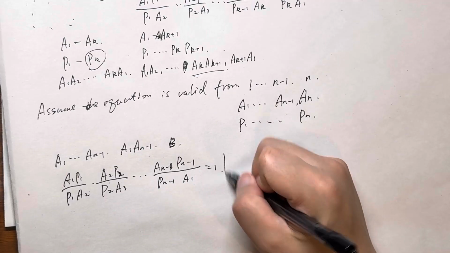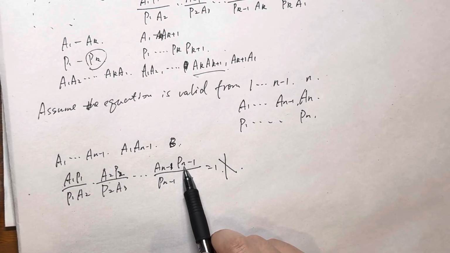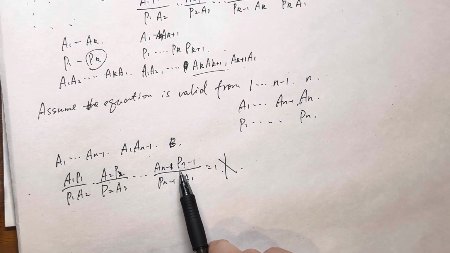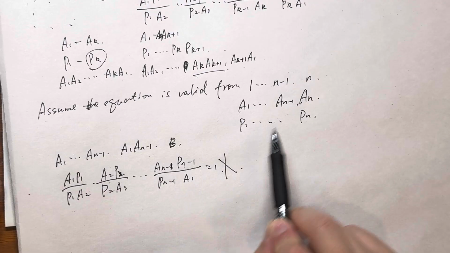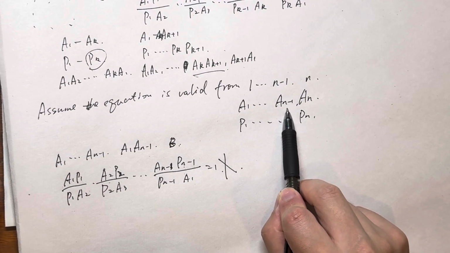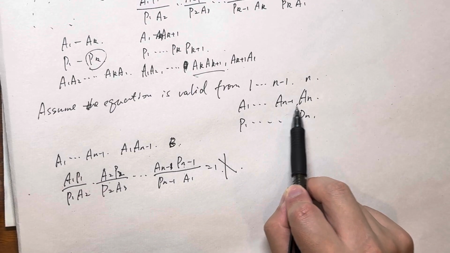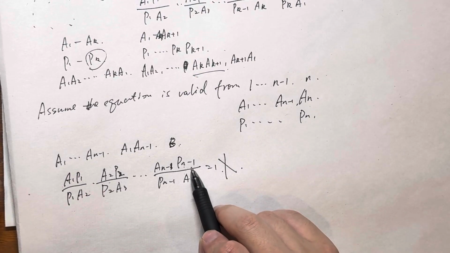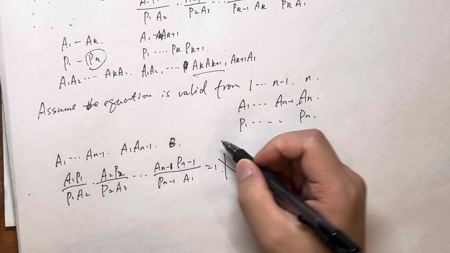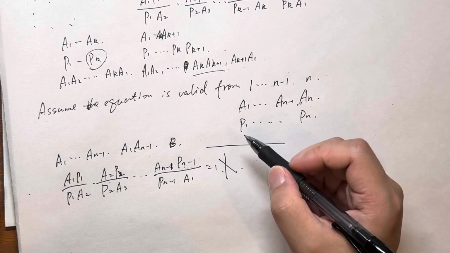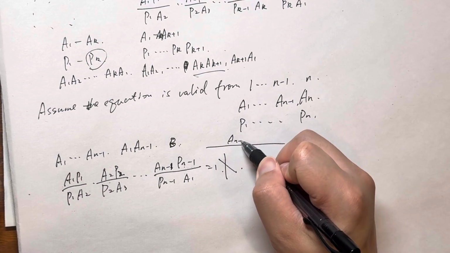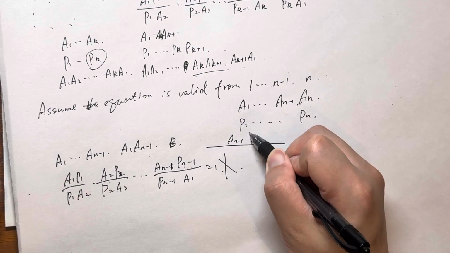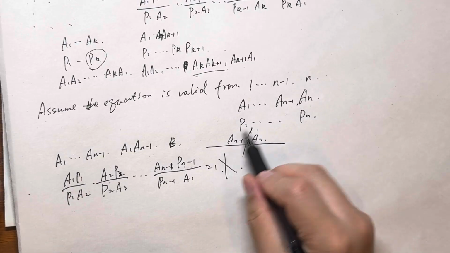No, not this one, right? Because Pn minus 1 represents the point from An minus 1 to An, right? Pn minus 1 represents the intersection point of the line An minus 1 An and the L, right?